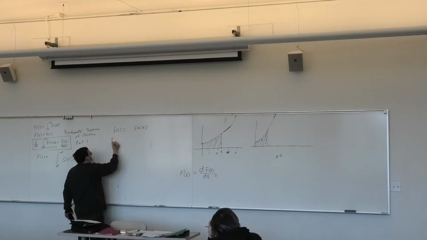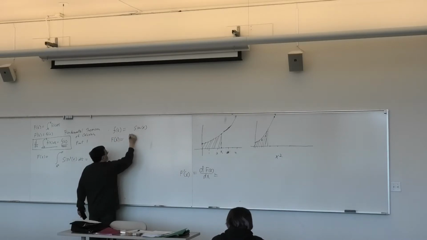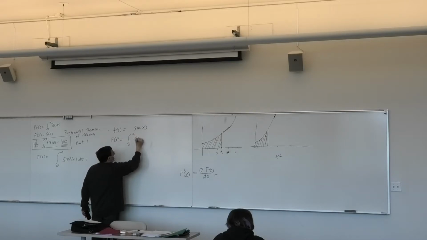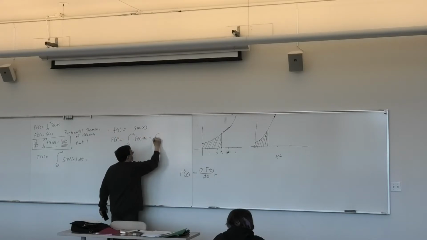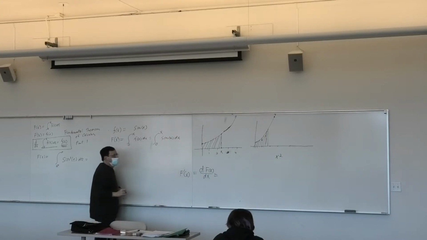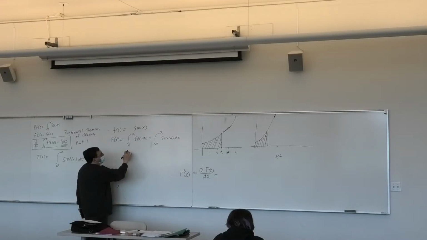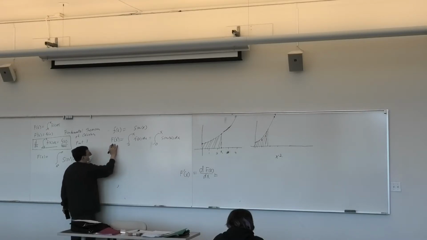So I have an area function, which is the integral from 0 to x of sine of x dx. Right? So in this case, we can say, what is capital F of x?